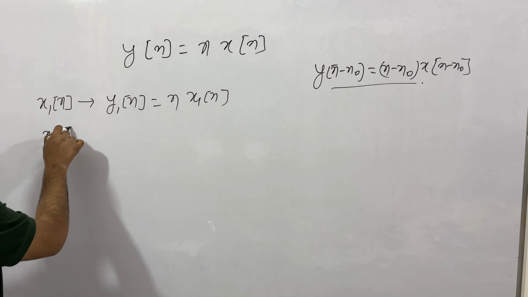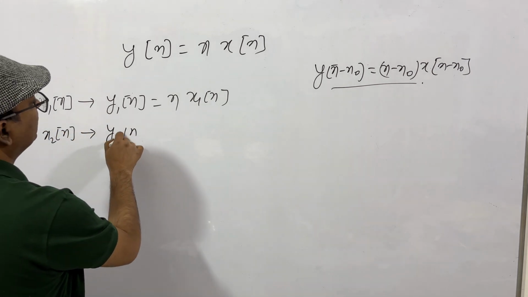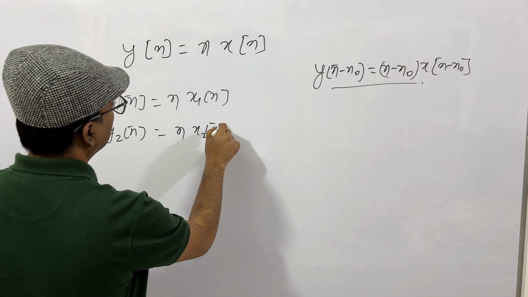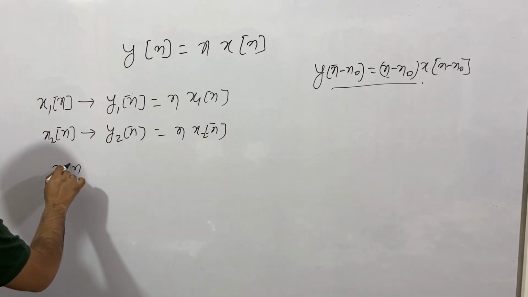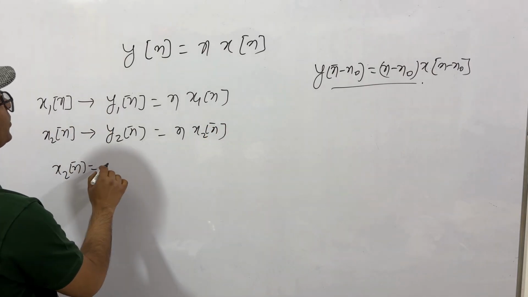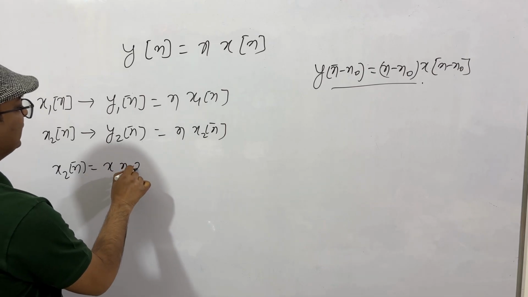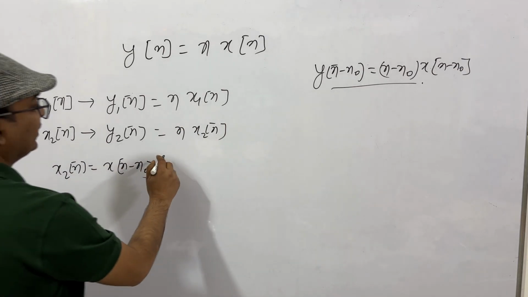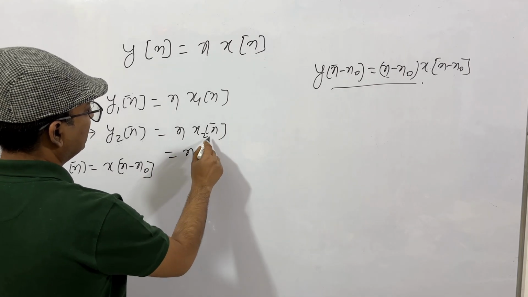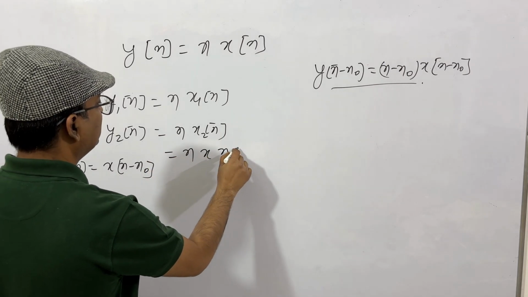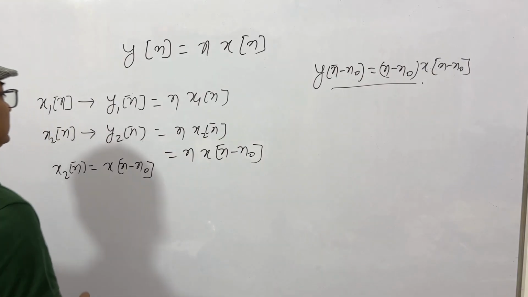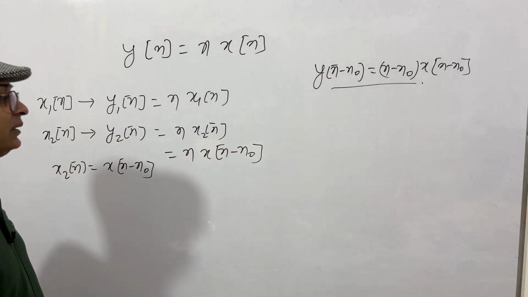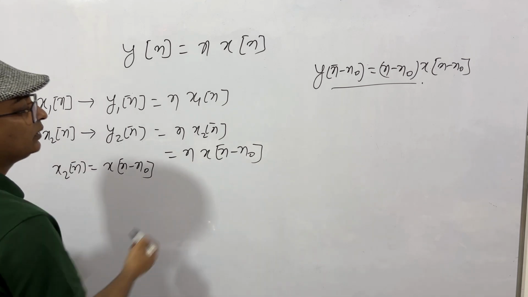Now x2[n], another input, will give n into x2[n]. Now, if your x2[n] is nothing but x[n minus n0], then this is n and this will be x[n minus n0]. In this case, your output will be n into x[n minus n0], not (n minus n0) into this.